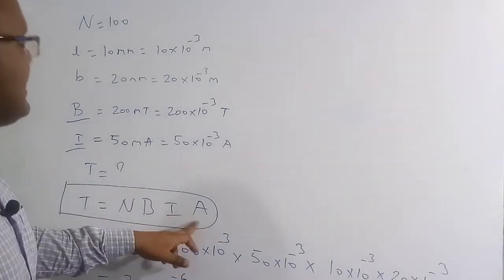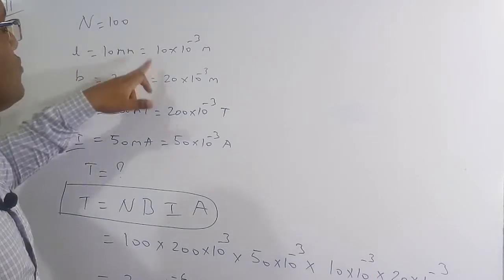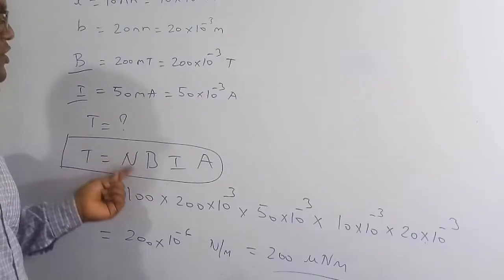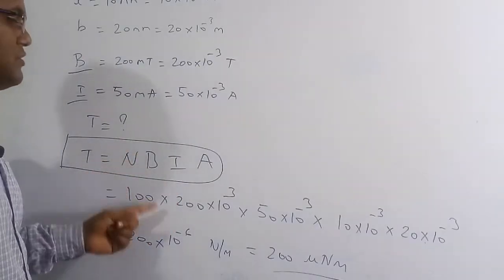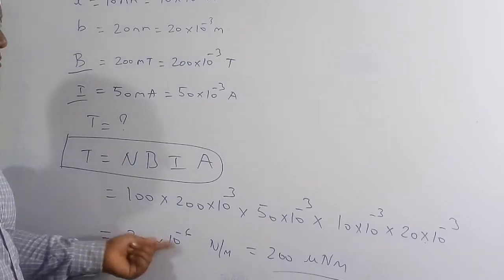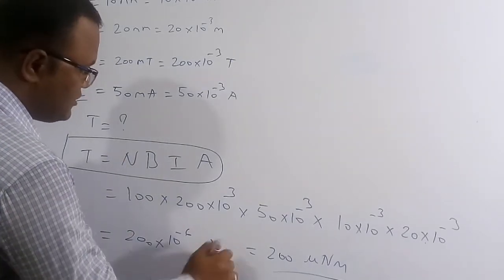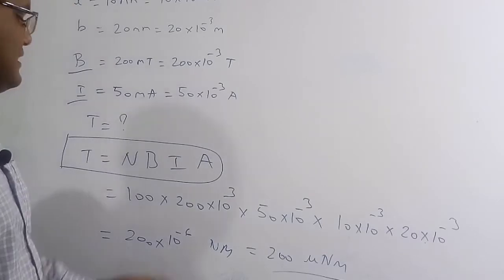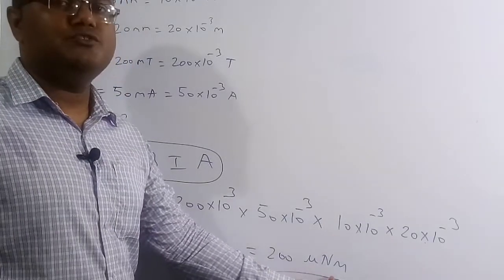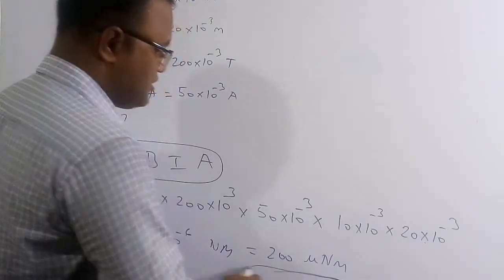The area is equal to L into B, so we have to multiply these two to get the area. We know each and every value, so just substitute them and do the multiplication. Finally we get 200 into 10 to the power of minus 6. It is not Newton per meter, it is Newton meter. Here 10 to the power of minus 6 is micro, so 200 micro Newton meter is the correct solution of this question.